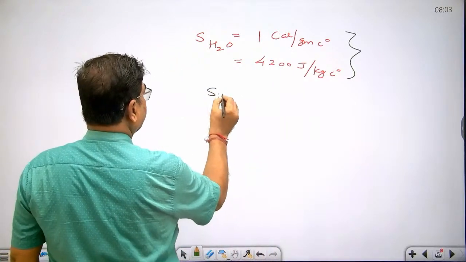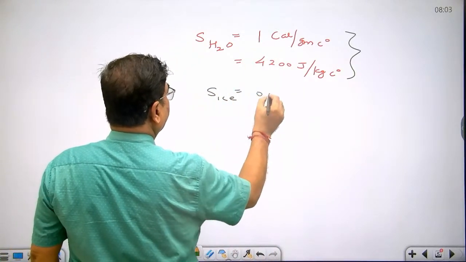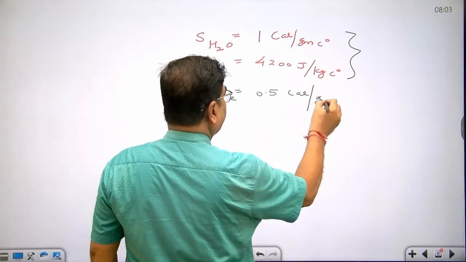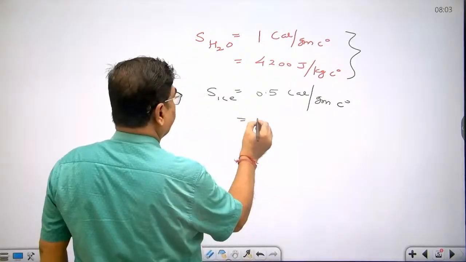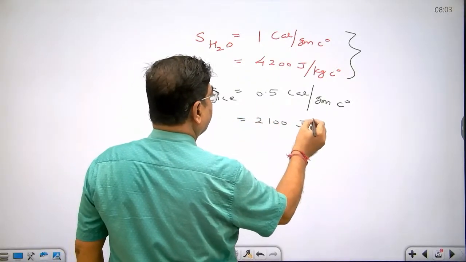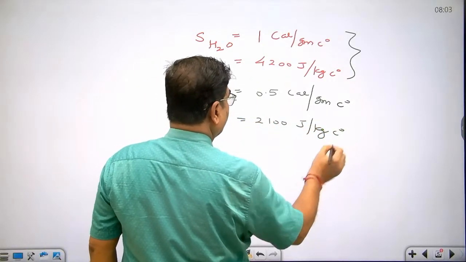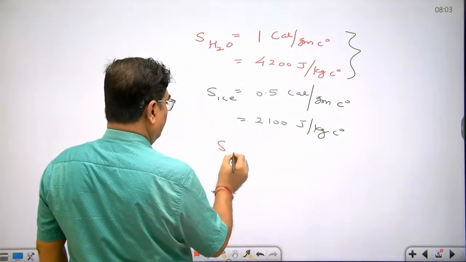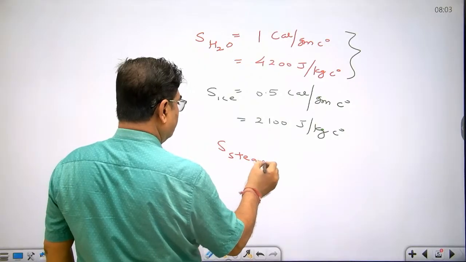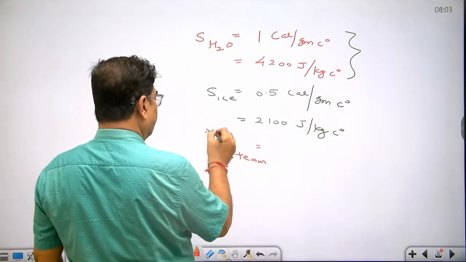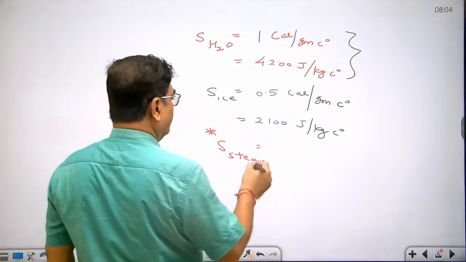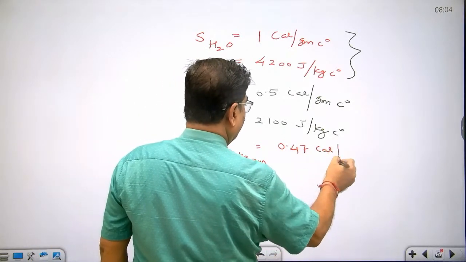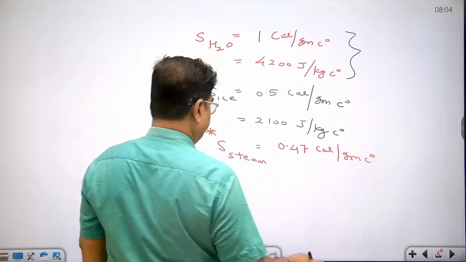Specific heat of ice is 0.5 calorie upon gram degree centigrade, that can be written as 2100 joule upon kilogram degree centigrade. And specific heat of steam, I am marking this with a star because sometimes in numerical problems it is written differently. This is 0.47 calorie upon gram degree centigrade.